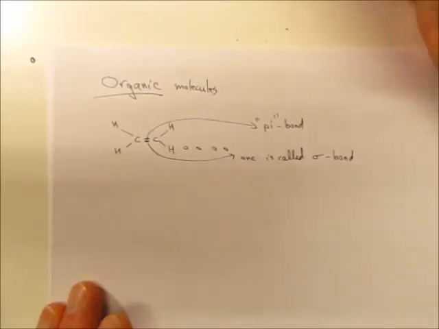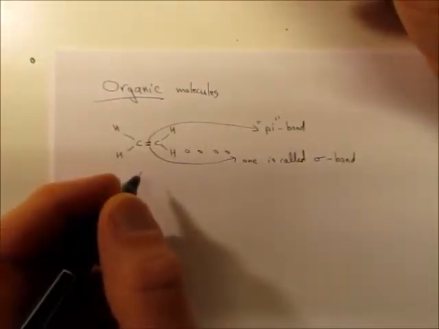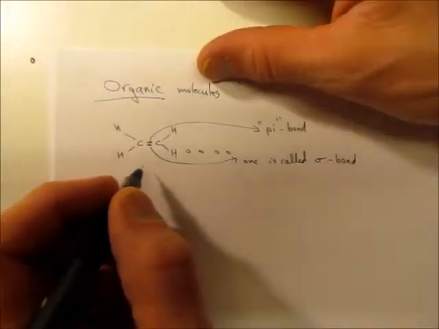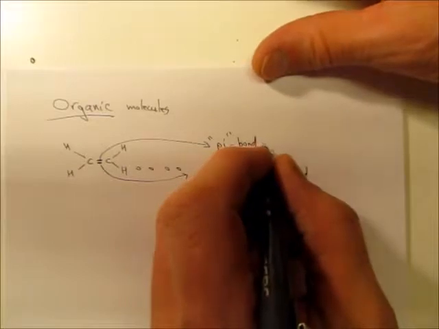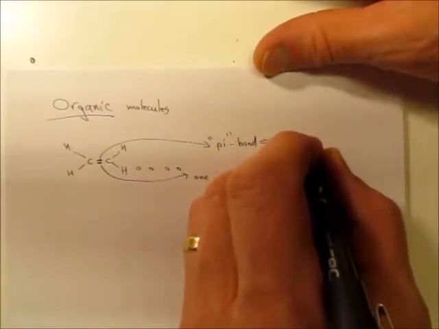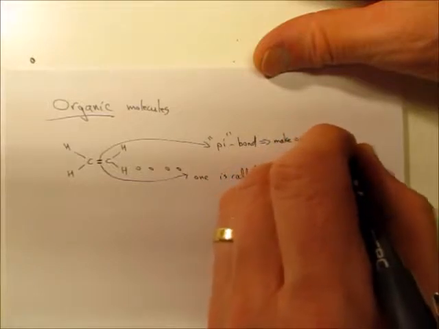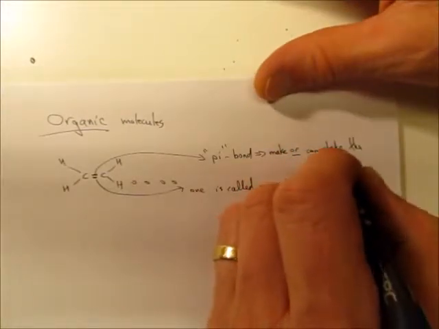Now, sigma bonds, whenever you get into organic molecules, the one thing that is always true is that the pi bond is the one that goes on to complete the double bond.